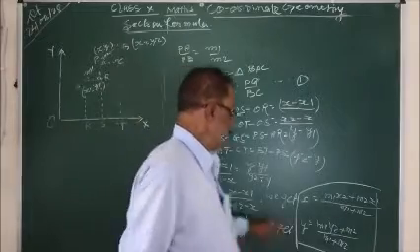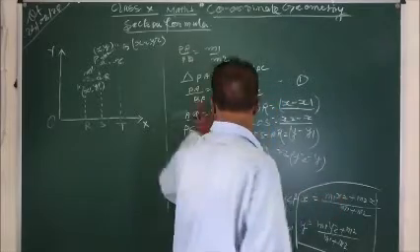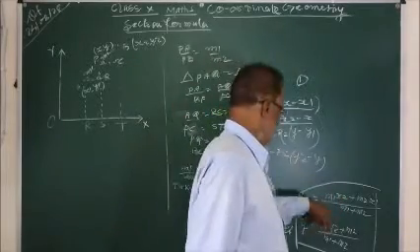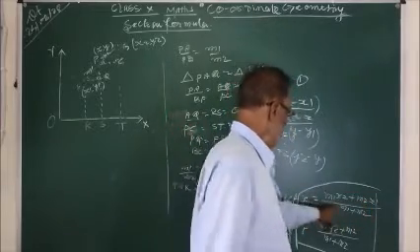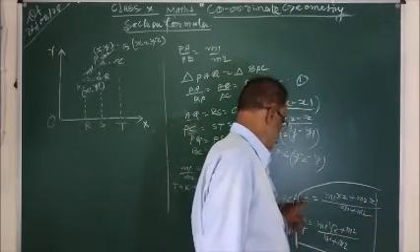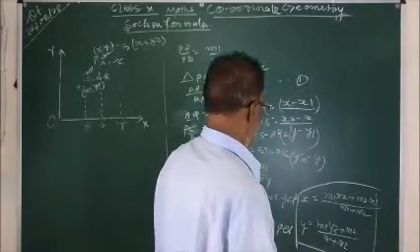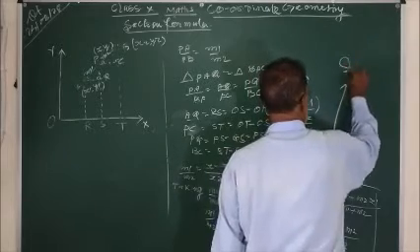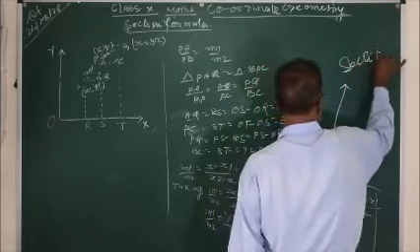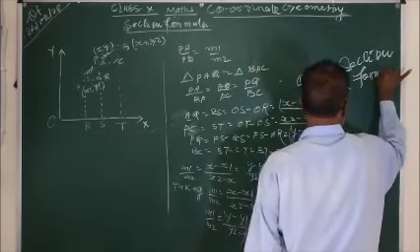M1 times x2, the coordinate of the point B, and M2 times the x coordinate of the other point, upon M1 plus M2. So this is the formula. This formula is called section formula. इसी को हम section formula के नाम से जानते हैं, and this is very important in coordinate geometry.